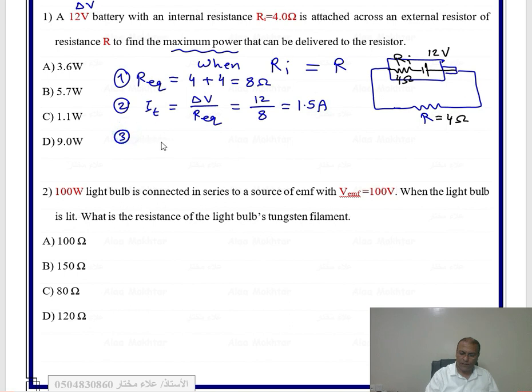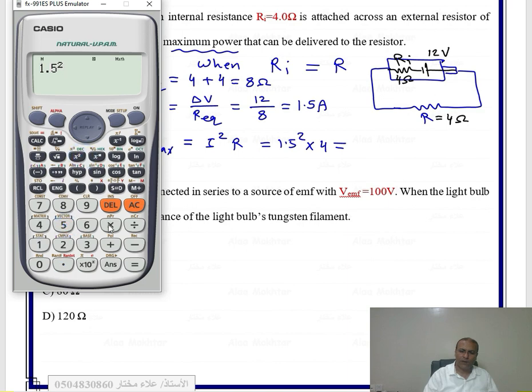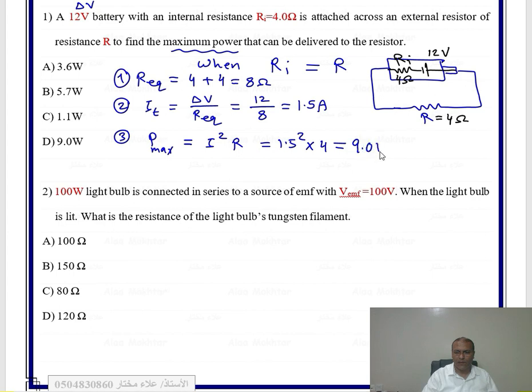The third step, maximum power delivered to this resistance equals I squared multiplied by R, 1.5 squared times 4. Using the calculator, the answer is 9 watt.